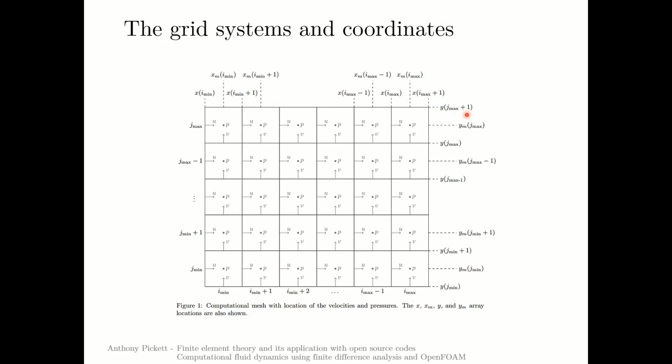What is not clear on this diagram, and perhaps not so obvious immediately in the coding, is that you have another set of points around here. So Imin starts off with a value of 2 because we want an Imin minus 1 for a set of cells that run around the outside. These cells are necessary to enforce the right boundary conditions on these faces here.